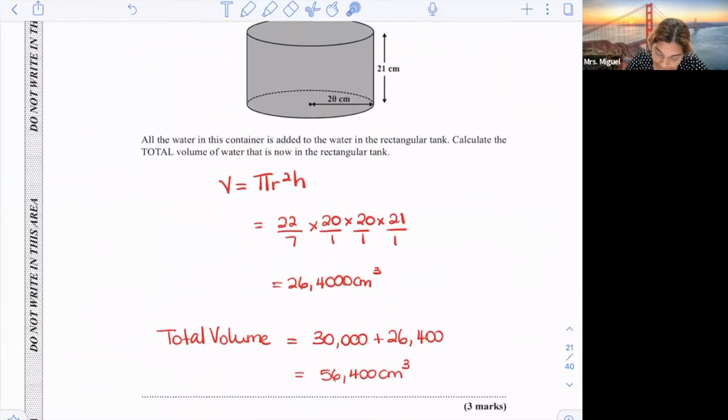But one cylinder has a capacity of 26,400.